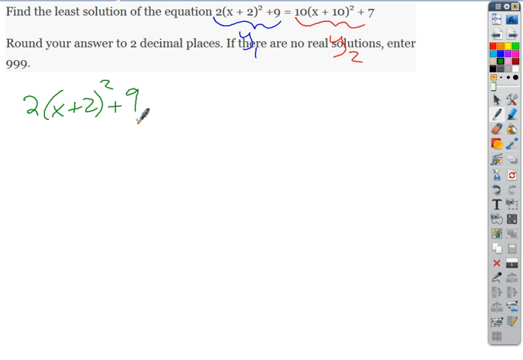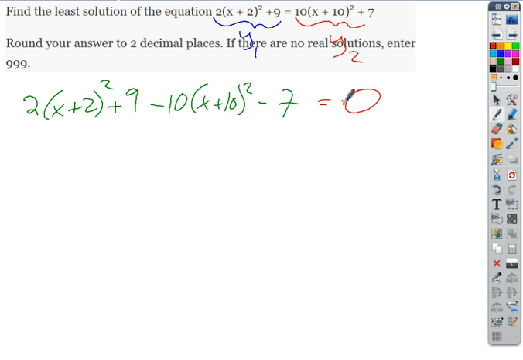I just need to subtract both of those terms over to this side. So I'm going to subtract 10 times the quantity x plus 10 squared and subtract 7. Okay? And then what's that all going to be equal to once I put it all on the left? 0. Sure. We're going to have 0 on that side.